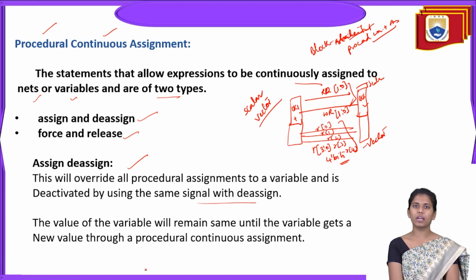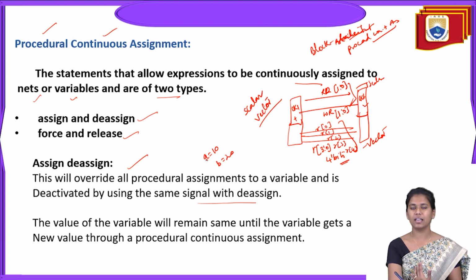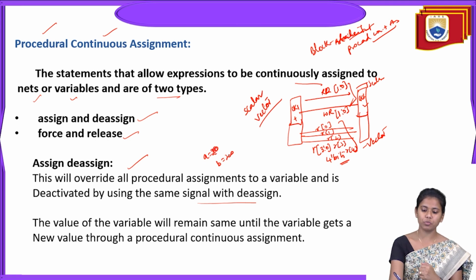For example, I take a is equal to b and b is equal to 20. This is what I fixed, and sometimes I may override. That means being a designer, I have the possibility of altering the inputs that I'm giving. Here I'm just changing my 20 to 10 and my 20 to 30.